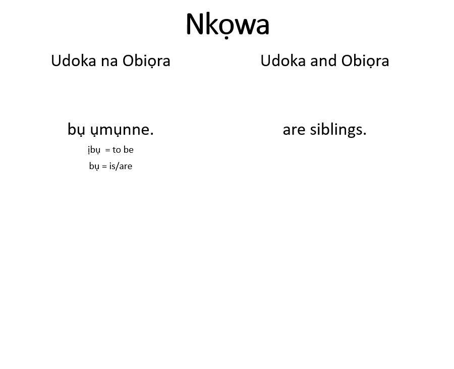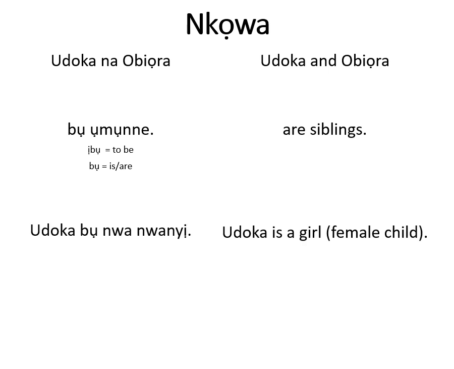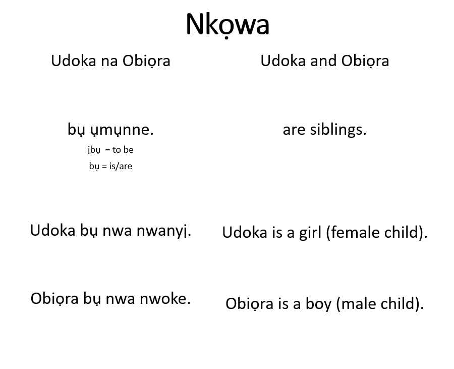So bụ ụmụnne are siblings. Udoka bụ nwa nwanyị means Udoka is a girl. Nwa nwanyị means female child. Nwa, child; nwanyị, female. So nwa nwanyị is a female child, which is a girl. And Obiora bụ nwa nwoke. Obiora is a boy. Nwa nwoke, male child, boy.